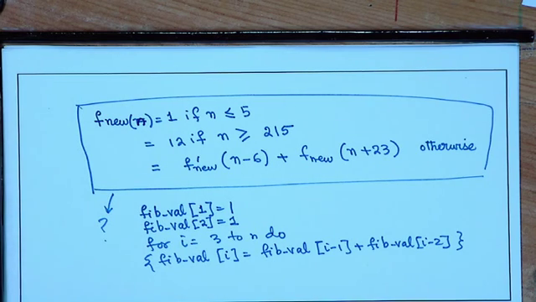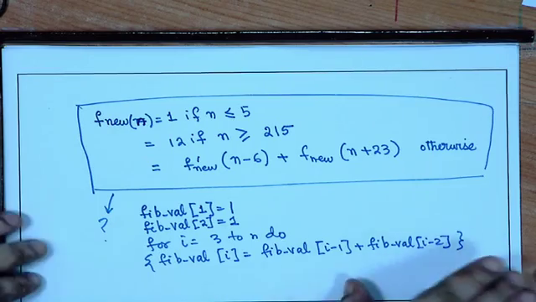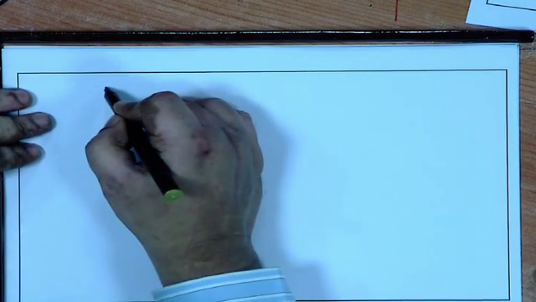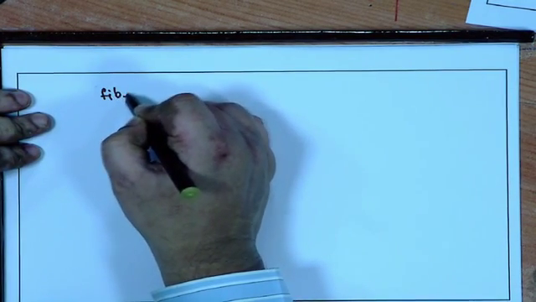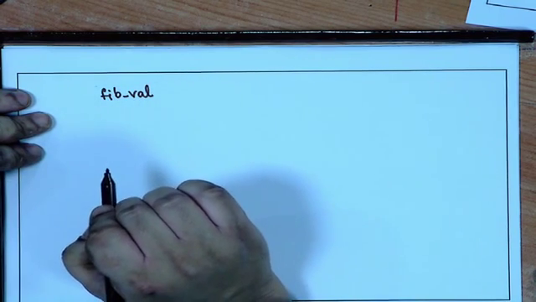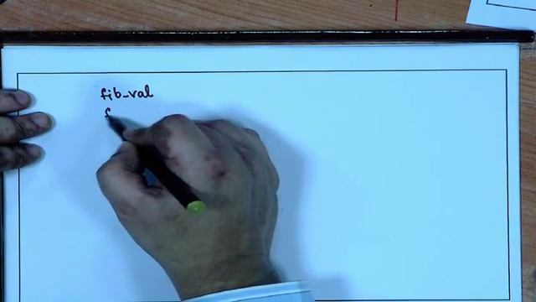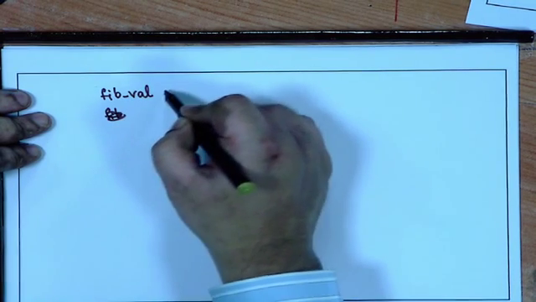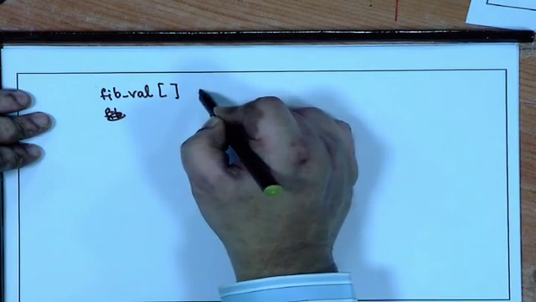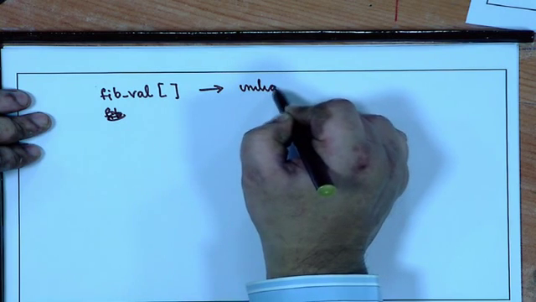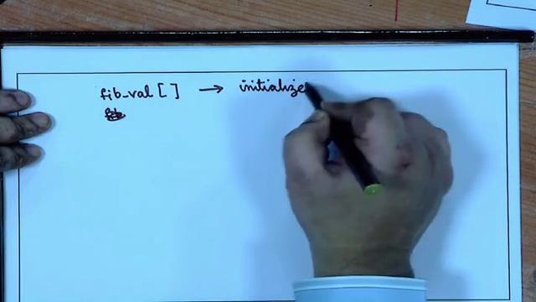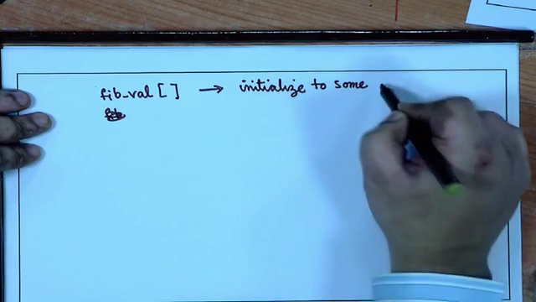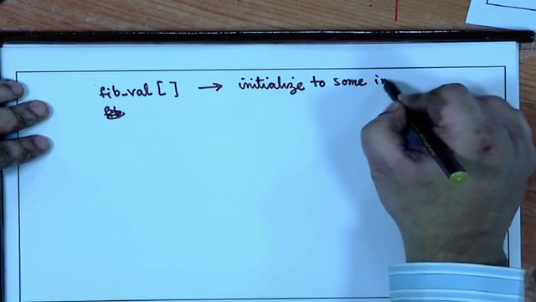The only option that has to be adopted is that I will still maintain an array called fib_val, and I will initialize all fib_val values to some inapplicable value.